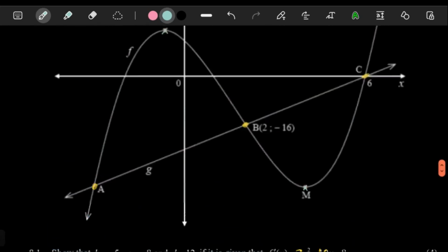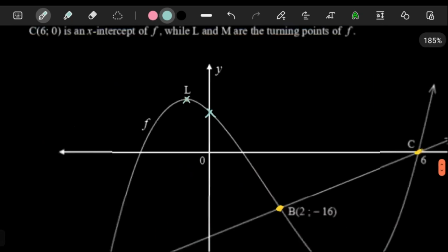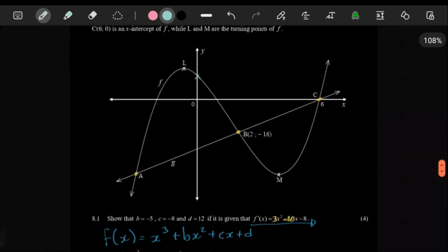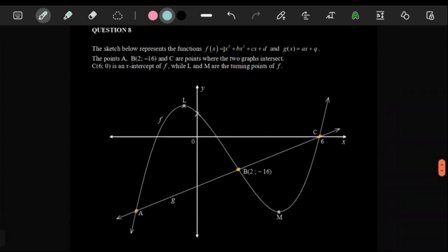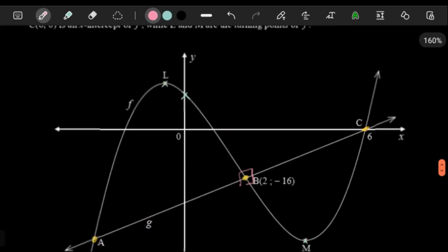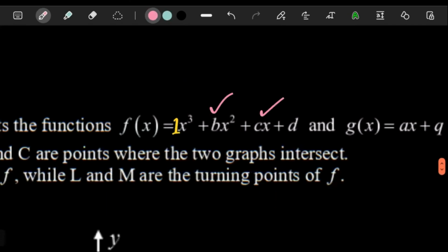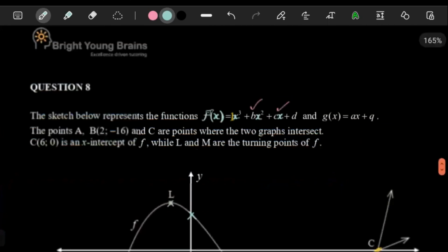Now d is automatically just the y-intercept of our graph. Fortunately, we have a point that the graph passes through here. So in this equation, we have b now, we have c now, and we can just throw in a coordinate that the graph passes through, which is a y value and an x value.